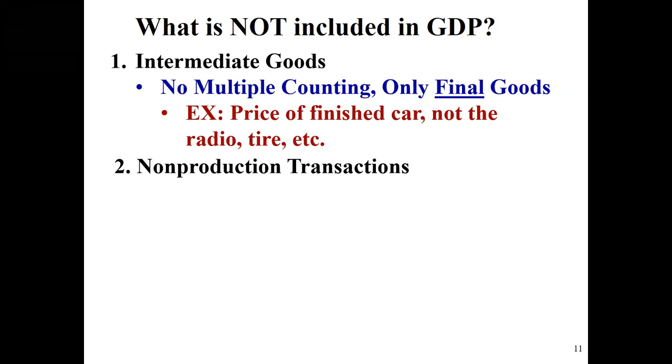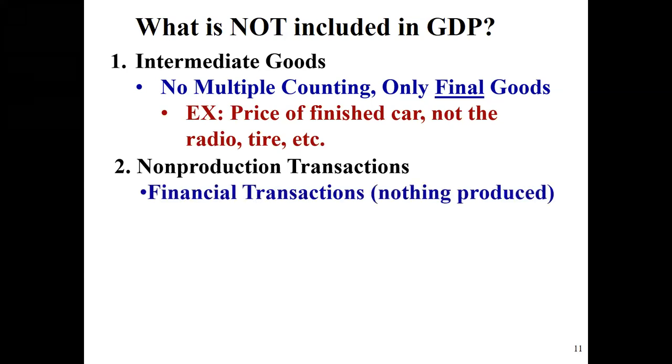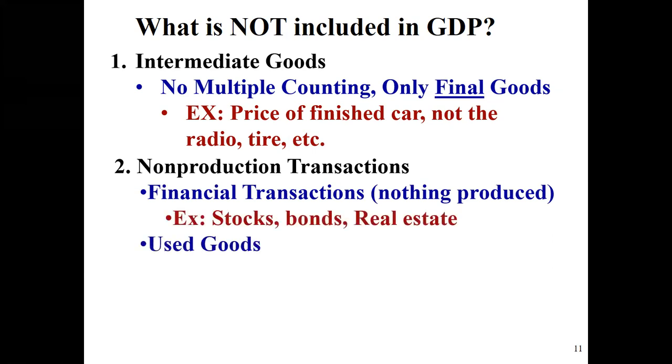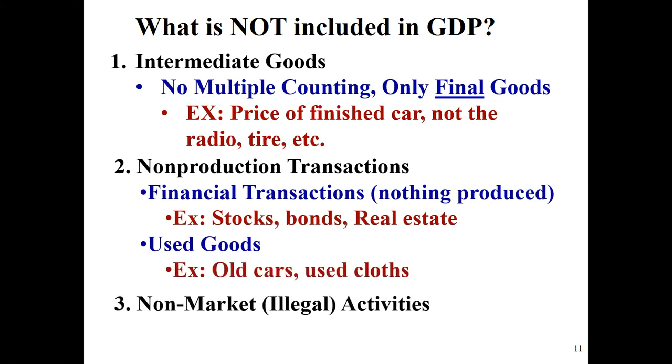Non-production transactions, so stocks and bonds, are not part of GDP. Used goods, a used car, not part of GDP. A used house, not part of GDP. And then any illegal activities.